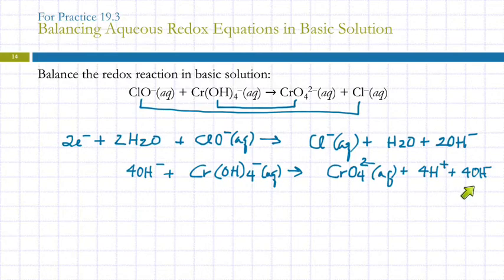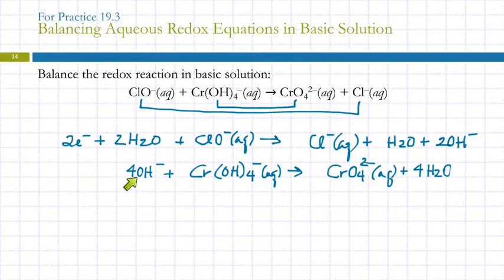Four hydrogen ions and 4 hydroxide ions make 4 water molecules, right? So I'm going to erase those 4 water molecules. Then we have to look at the charges.